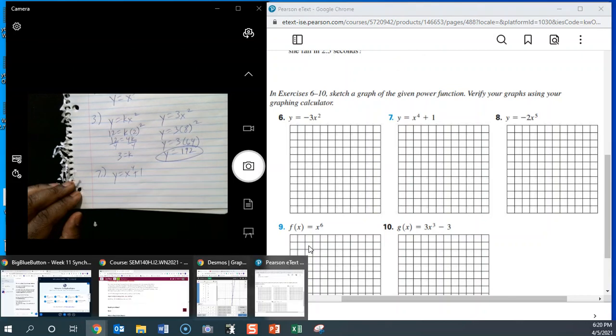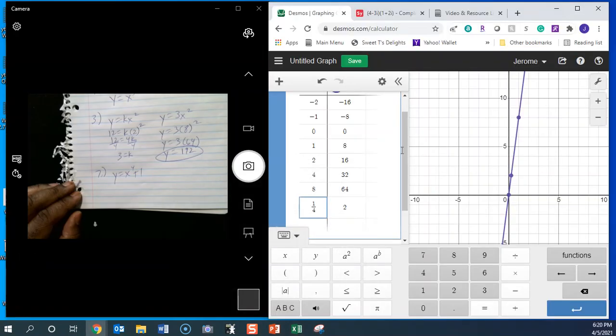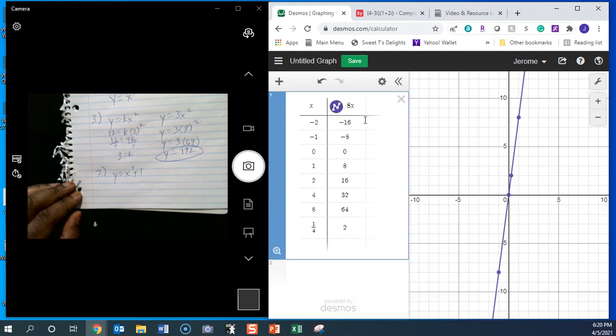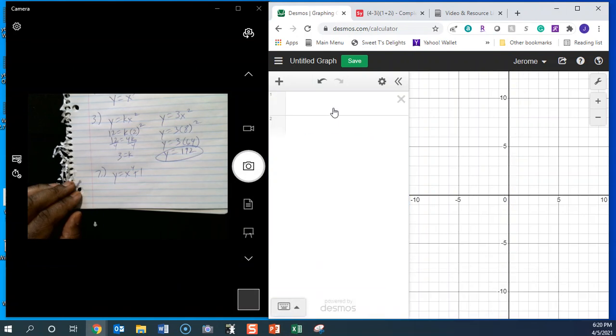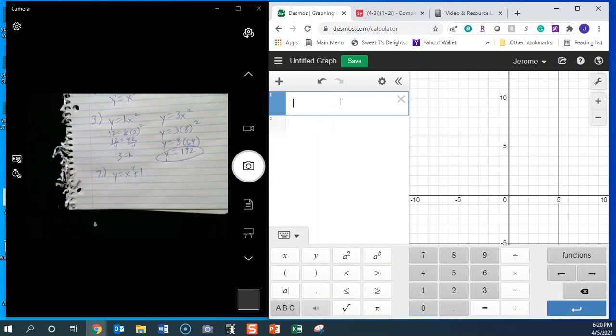So now we will come here and we will put this in our Desmos calculator. So we have y is equal to x to the fourth power and then plus 1.